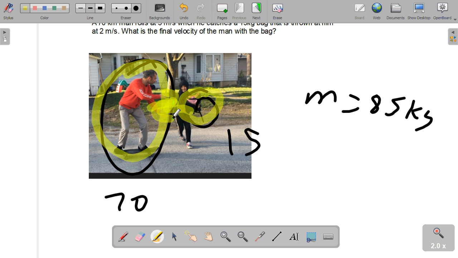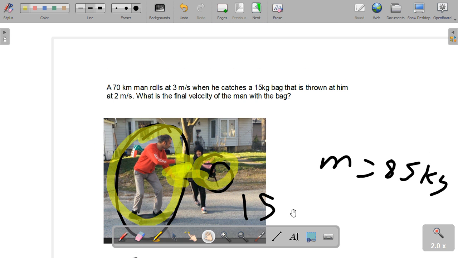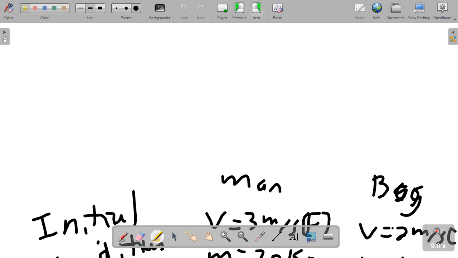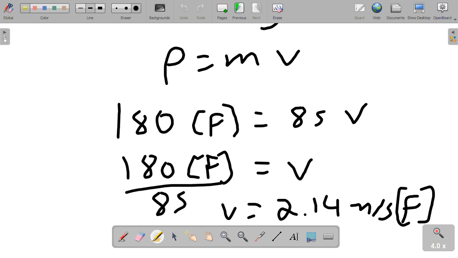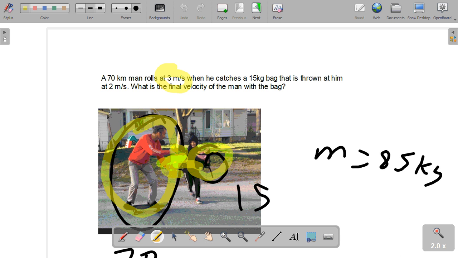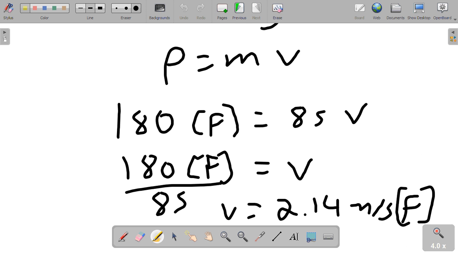So as you can see, that bag will have slowed him down. He was going at 3, and he's now going forward at just 2.14. Momentum is conserved. The total momentum initially of the man plus the bag is equal to the total final momentum, 180 kilogram meters per second forward.